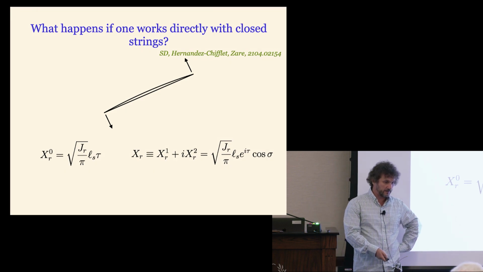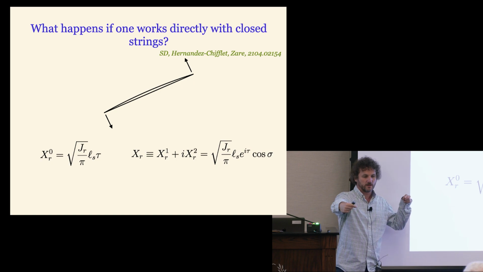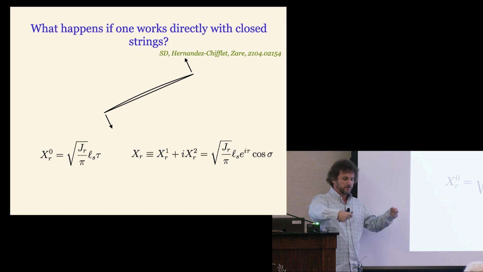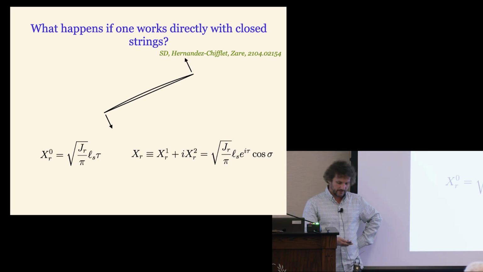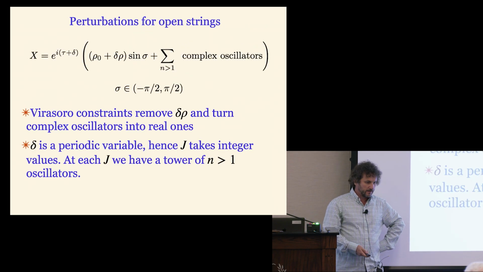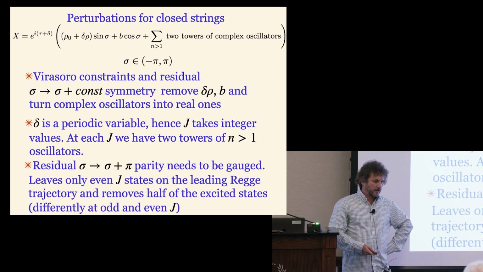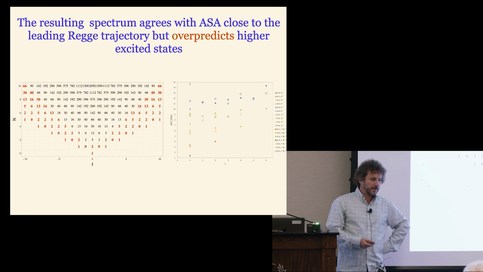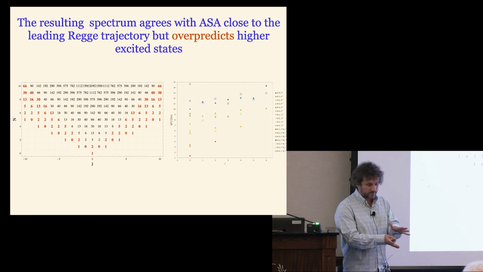So in this paper, instead we did what I just said. We took the folded closed effective string and looked at the perturbations around that one. Well, and again, I'll skip the details, but the bottom line is that proceeding this way, one gets yet another spectrum.